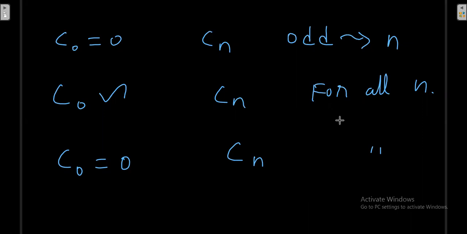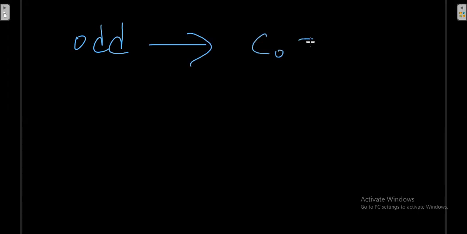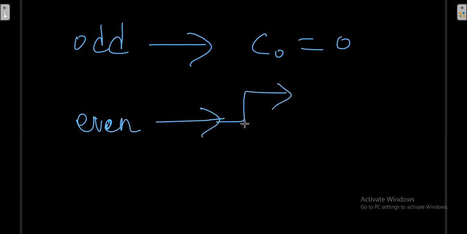Apart from the odd signal or even signal, we can easily predict this C naught just by looking at the signal. If the signal is odd, C naught is definitely 0. When the signal is even, C naught may or may not be 0; it depends on the shape of the signal.